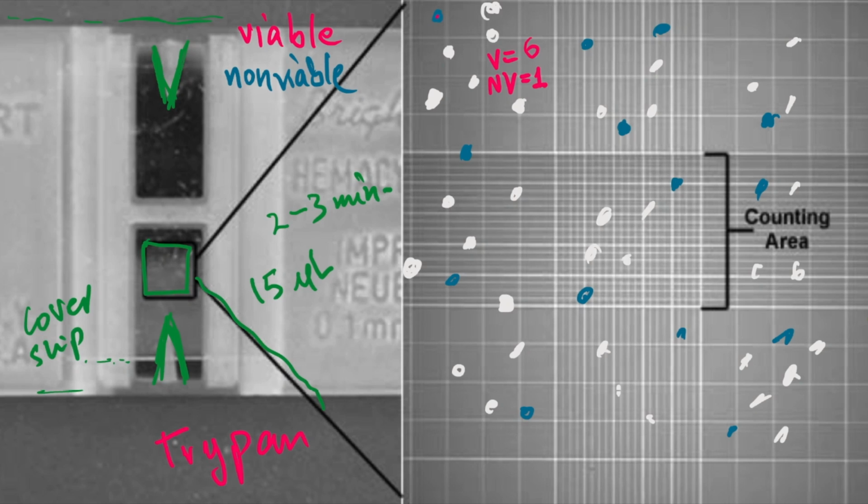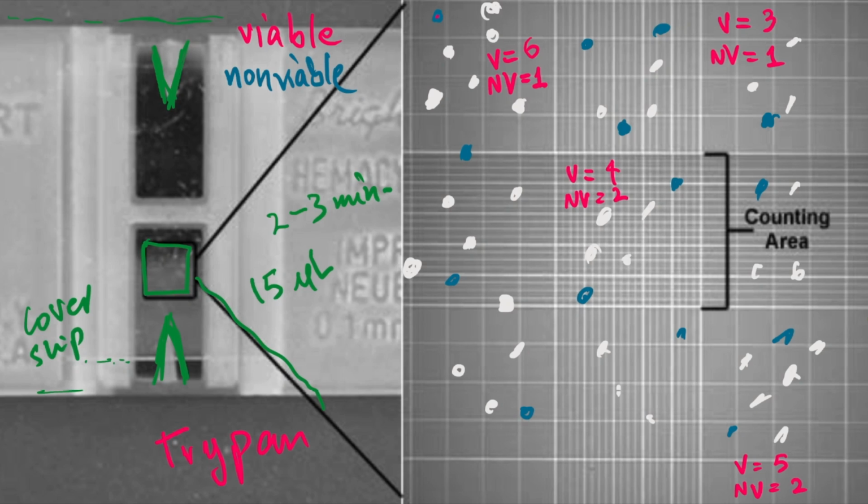Similarly, I'll write for this one 3 viable, 1 non-viable. For the central one, 4 viable, 2 non-viable. For the one at the bottom right, we have 5 viable and 2 non-viable.